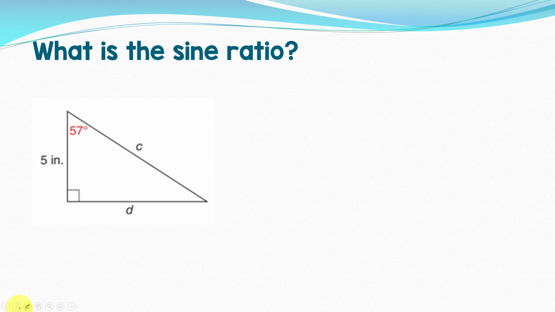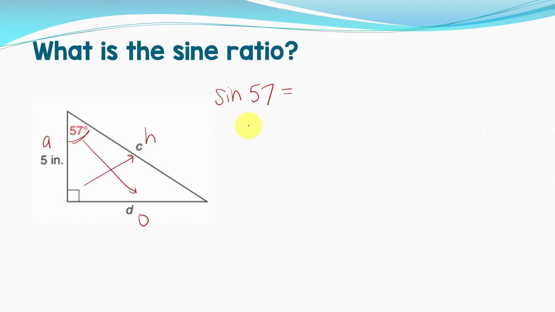All right. For this one, from the viewpoint of this angle, this is the opposite side, this is the adjacent side, and this is the hypotenuse. So the sine function says sine of 57 equals opposite over hypotenuse.